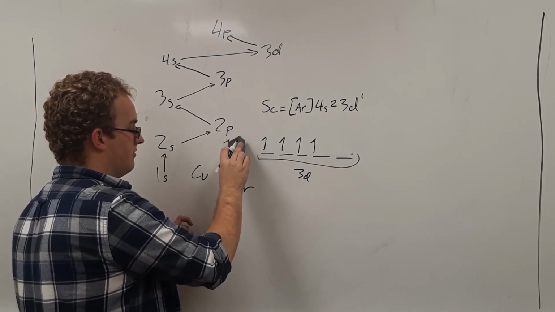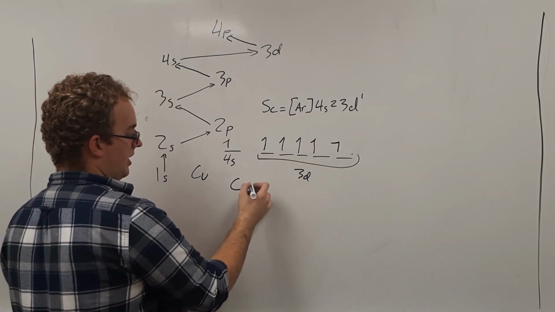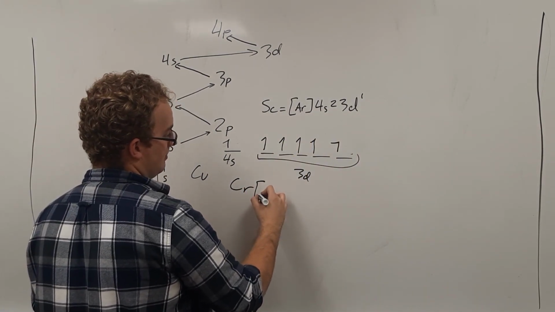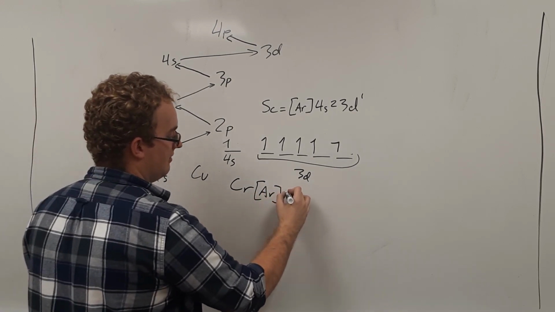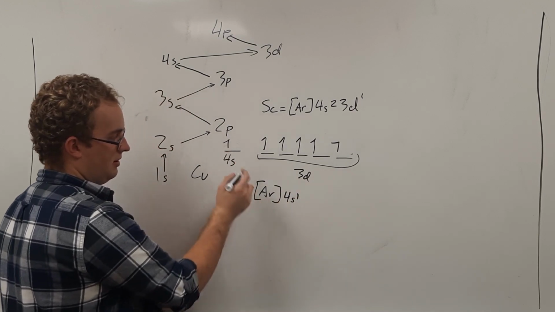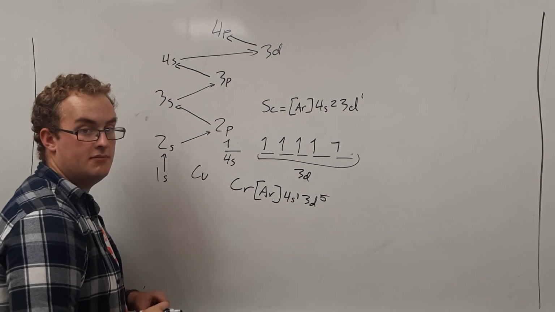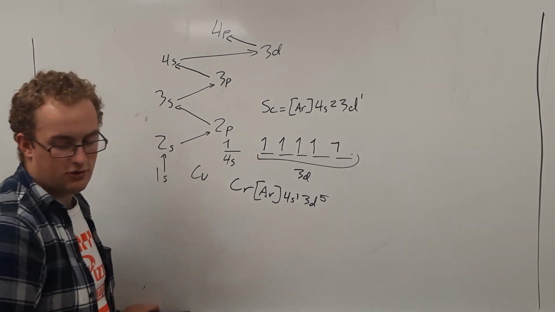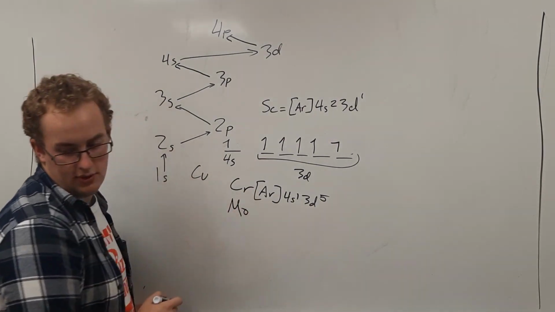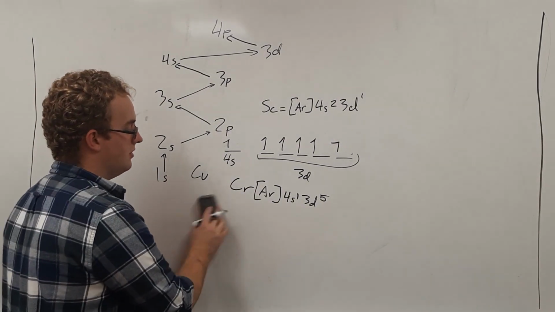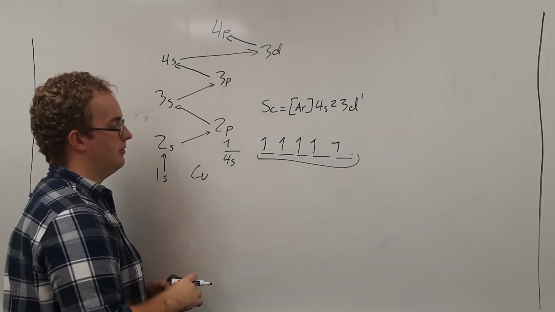So I'm going to steal one from 4s to do it, like this. And so if we were to write the electron configuration of that, it would be argon, because that's the last noble gas, then 4s1, and then 3d5. And now we've done it. And so the other ones in the same group as chromium will often do this too, like molybdenum will do this. So those are just a few of the only exceptions to the normal pattern of just filling normally.